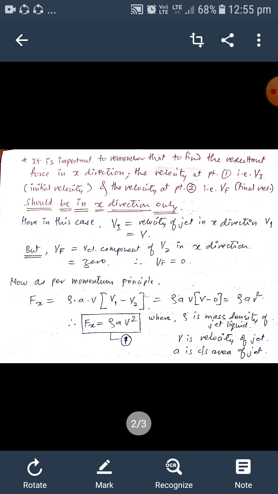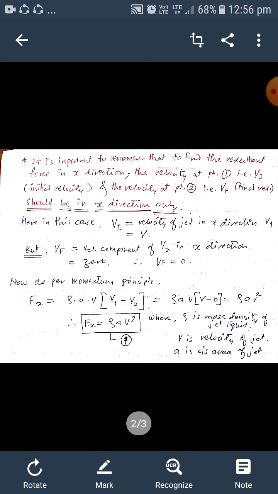Therefore, in the equation, force in x direction is equal to rho into A into V minus 0, and it becomes rho A V square. Therefore, finally, we can write an equation for this particular case when the jet strikes on a fixed plate normal to the plate. The force Fx is equal to rho A V square. This is the very simple equation we can get.